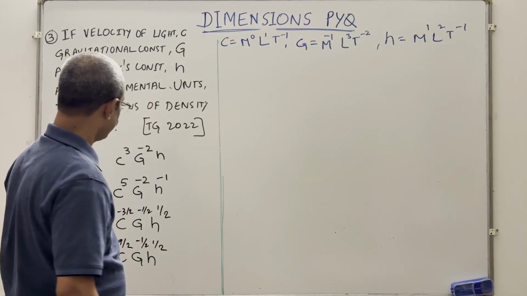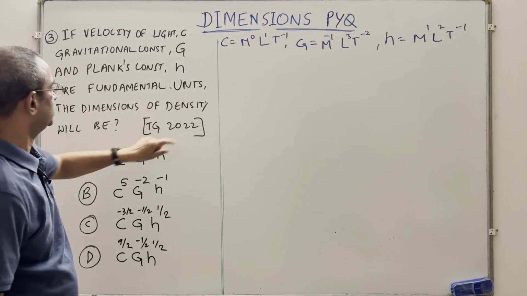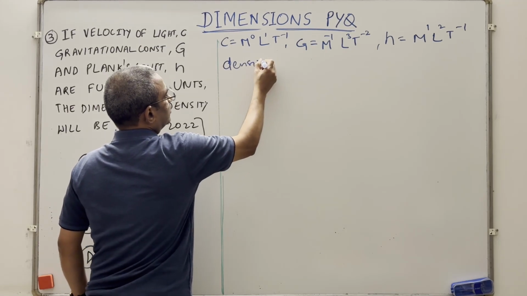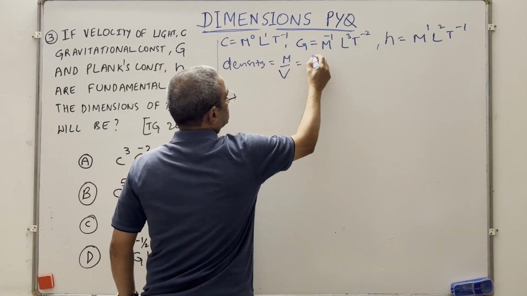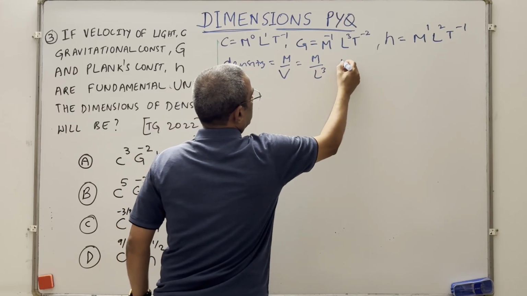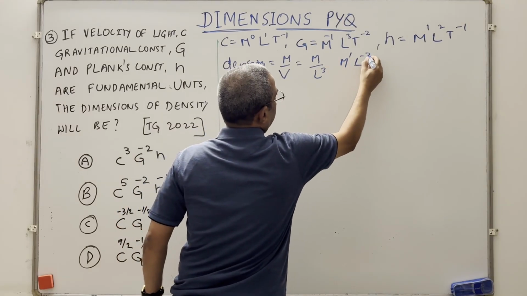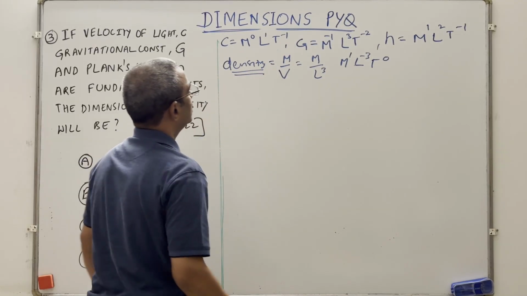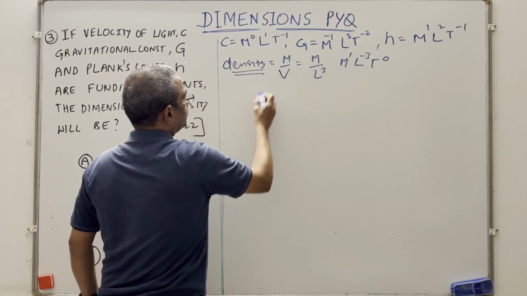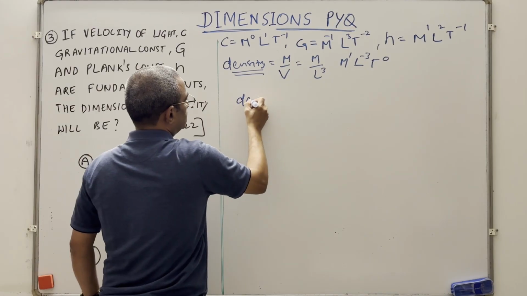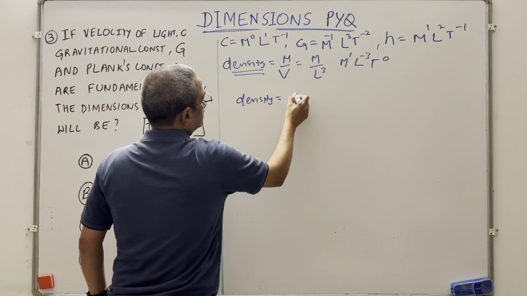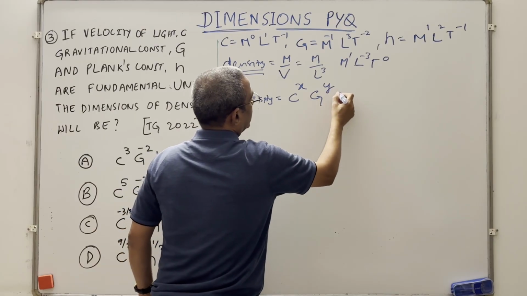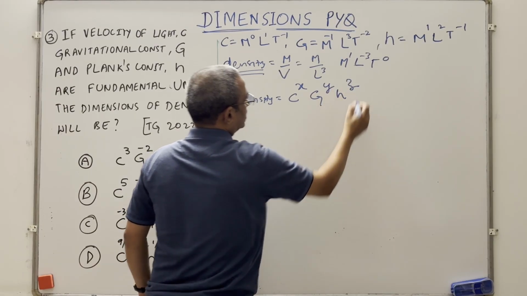And now they are saying some combination of these should give us density. So what is density? The fundamental unit is mass by volume, M L power minus 3, or M power 1, L power minus 3, T power 0. These are the dimensions of density. So let the combination be, density is equal to c power x, g power y and h power z.